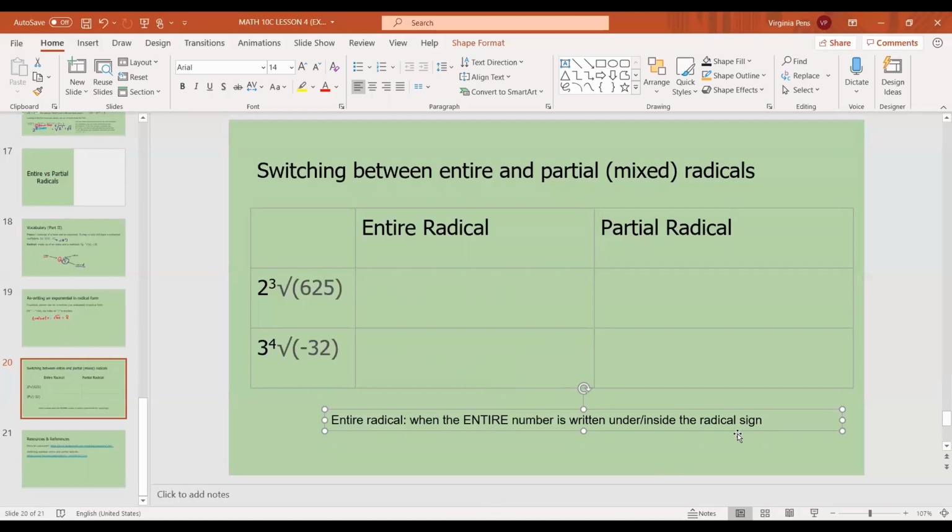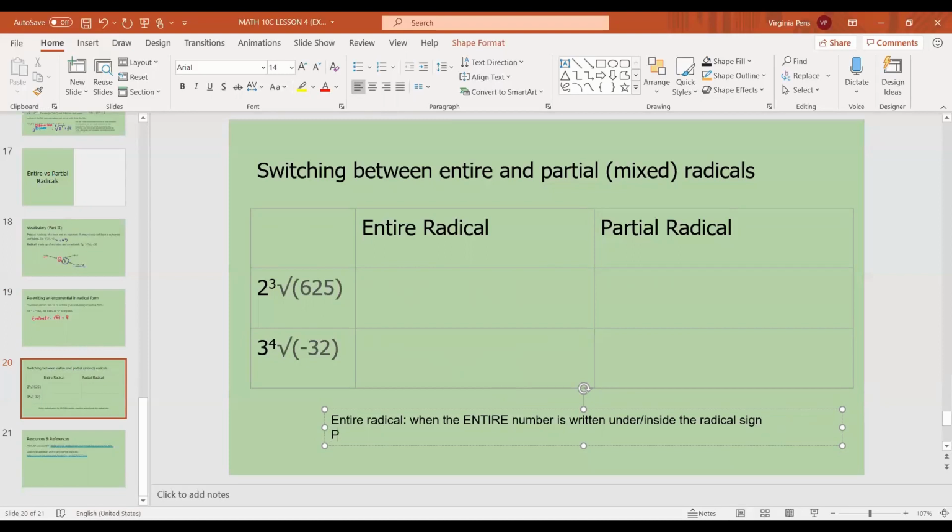Let me flip through my teaching notes to find what I wrote for the definition of partial. Right, the partial radical is basically when you take out everything that can be taken out, and you leave the numbers that can't be square rooted into nice numbers inside the radical.